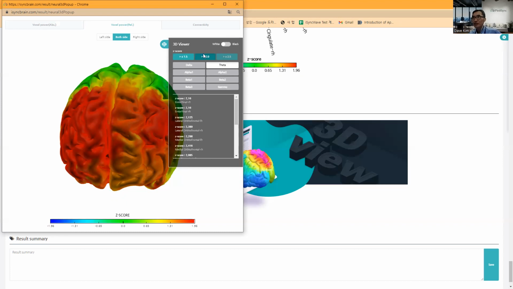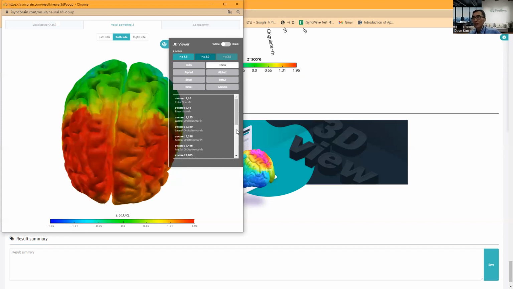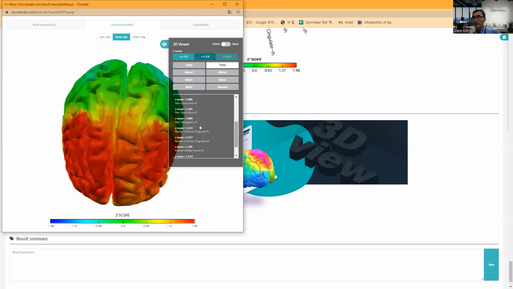We can choose 2.0. Only excessive areas having a score over 2 can be listed like this. There are a lot of excessive areas, entorhinal and orbitofrontal, for example, and also the middle frontal area and anterior cingulate area are excessive.